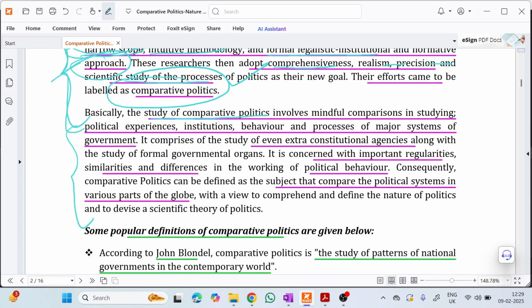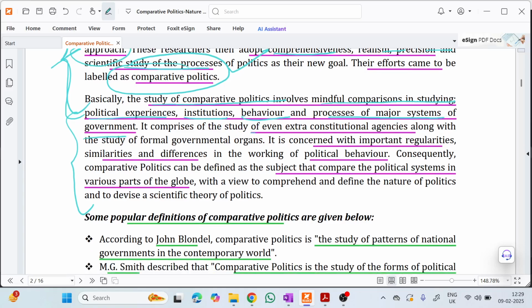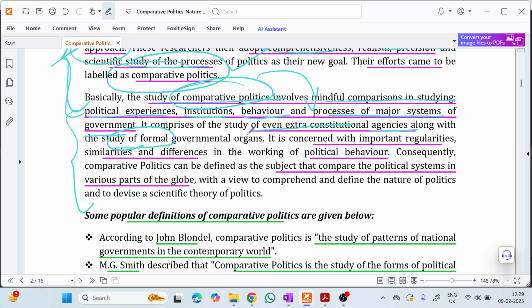So basically, the study of comparative politics involves mindful comparison in studying political experiences, institutions, behavior, and process of major systems of government across the world. It comprises the study of even extra-constitutional agencies along with formal ones. So comparative politics has really updated itself from the study of comparative government, and it has integrated a study of informal agencies as well.